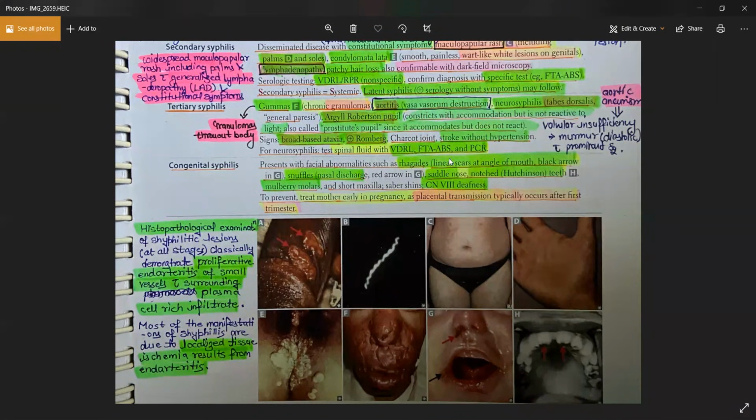So what you will get is the rhagades, which are the linear scars at the angle of the mouth. In the black arrow, as you can see, these are the rhagades. You will get the snuffling of the nose, this continuous nasal discharge, so the patient will keep on sniffling. You will get this saddle nose, which is a nose deformity. You will get the notched teeth, very important, the Hutchinson teeth.